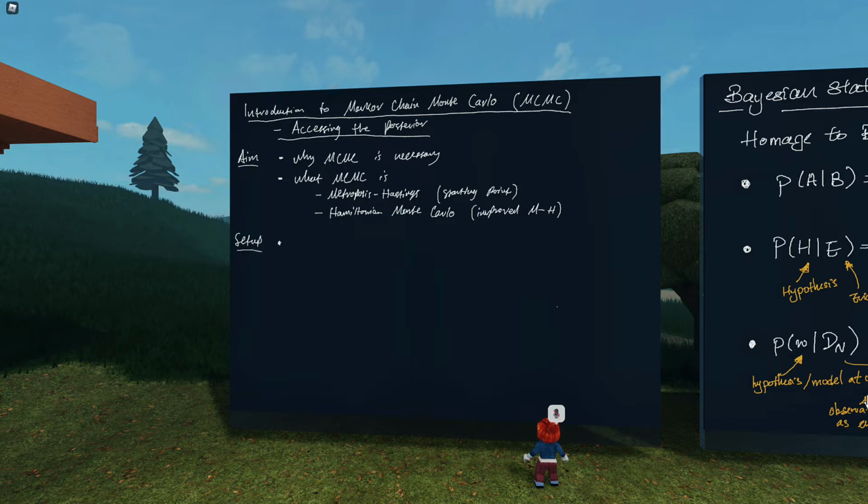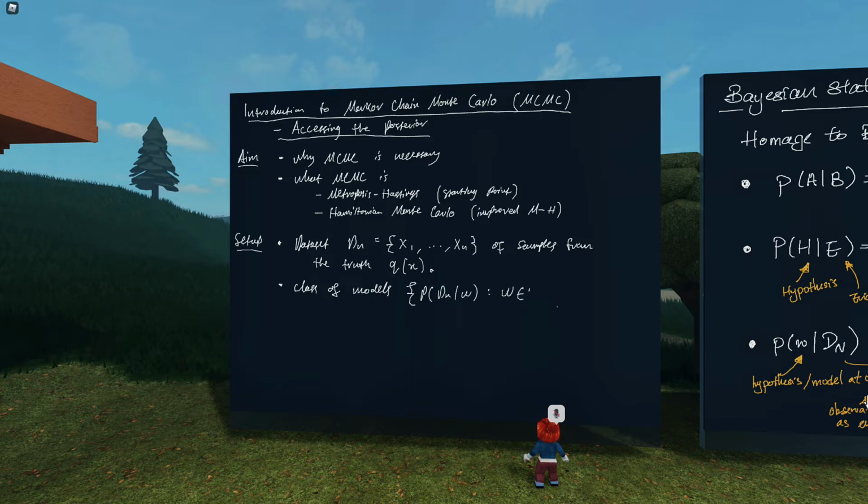So our setup is as follows. We have a data set, as Edmund talked about, of identically and independently distributed random variables, of samples from some truth, which we denote Q of X, some true distribution, and we have a class of models denoted by P of Dn given W, such that W is in the parameter space.